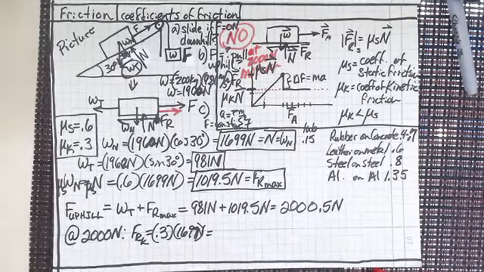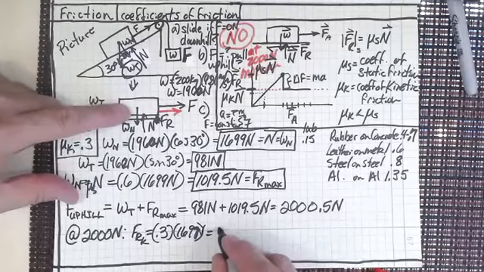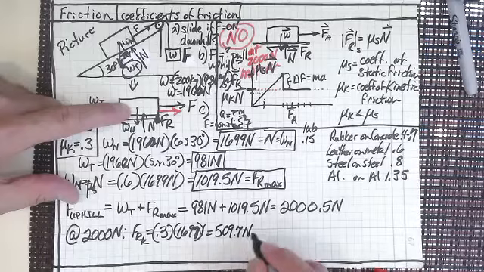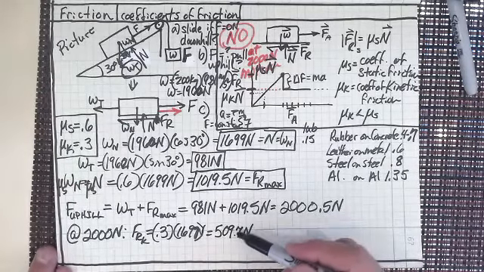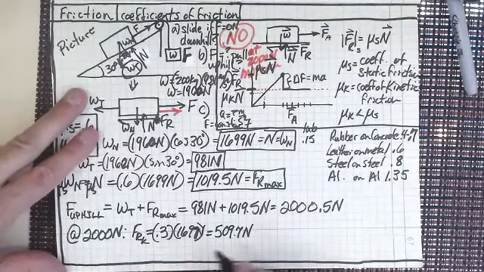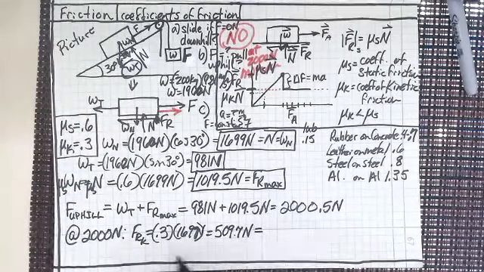So 0.3, it's going to be about half of 1019.5, which is 509.7. Does everyone see that? So we're all of a sudden losing 509.7 here, because now at 2,000, that's what F sub r max was.